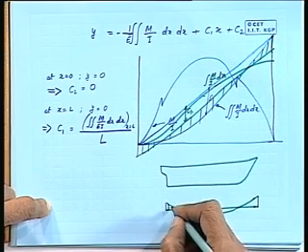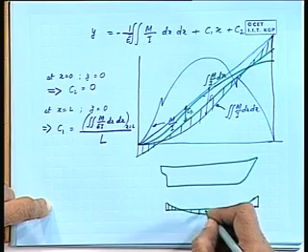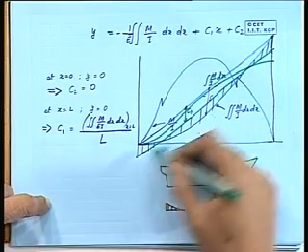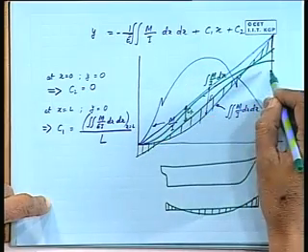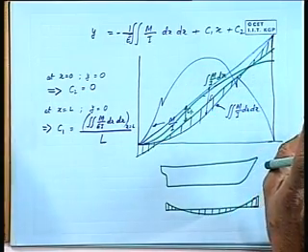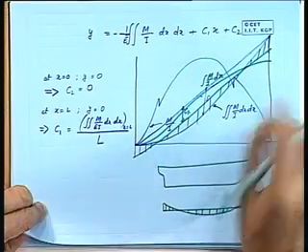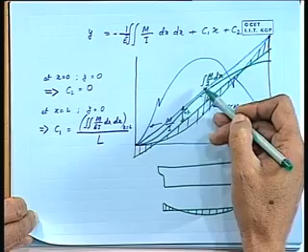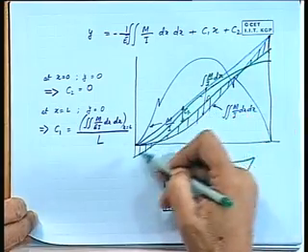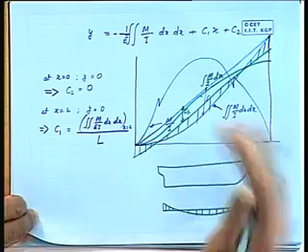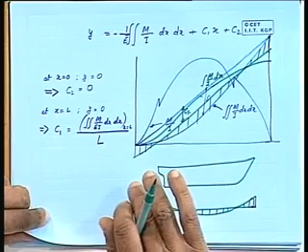Now, if you compare this displacement curve with the curve here, they are more or less of the same nature, and therefore, we can say that by evaluating the values in this fashion and trying to shift the baseline or the datum line for the measurement of the displacement, we are trying to get what is the displacement.